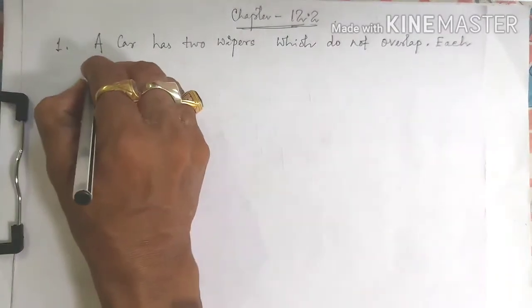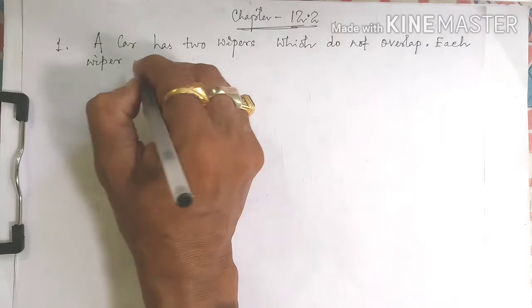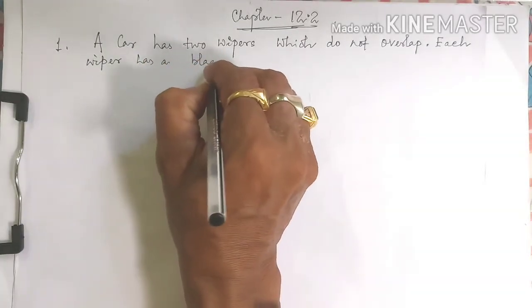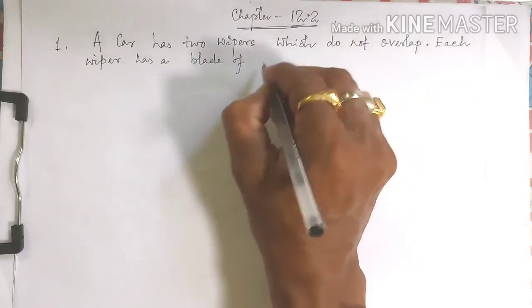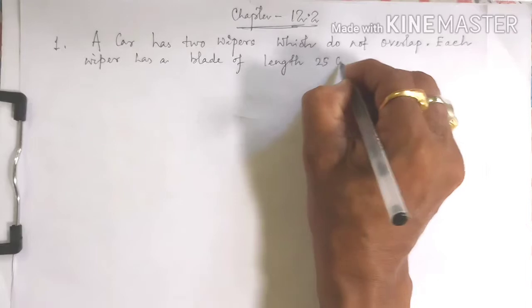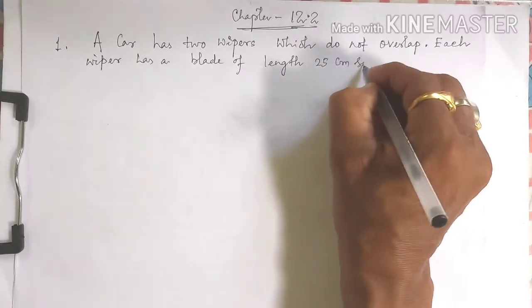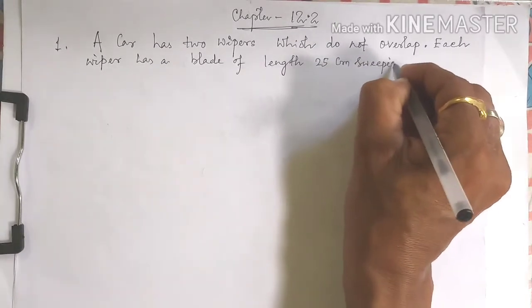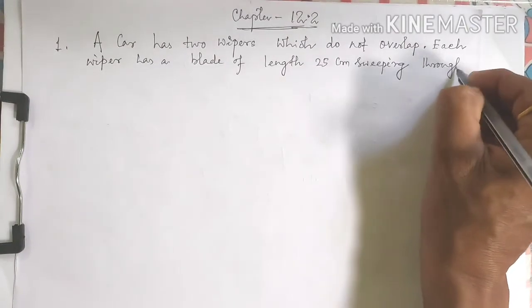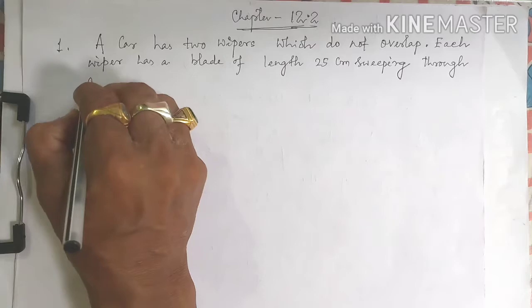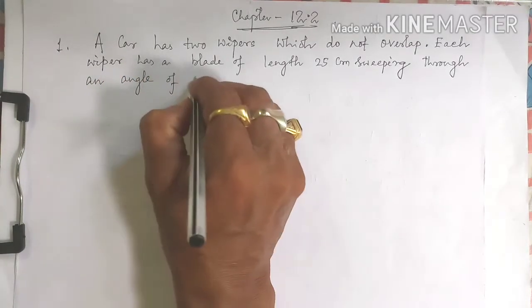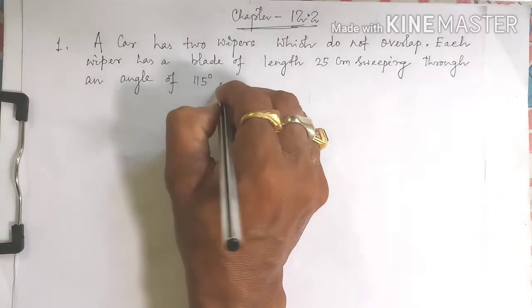Each wiper has a blade of length 25 centimeter sweeping through an angle of 115 degree.